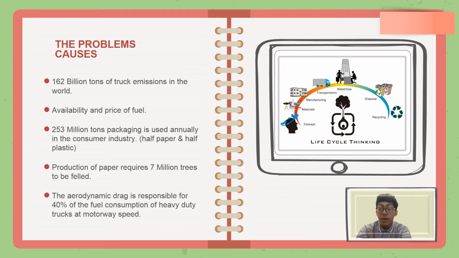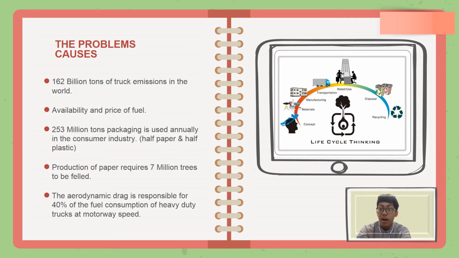Thank you Tengku Muhammad Haziq, and I'm going to present to you guys about the problem causes of green logistics. For the first, there are about 162 billion tons of truck emissions in the world, affected by the availability and price of fuel, and 253 million tons of packaging is used annually in the consumer industry.